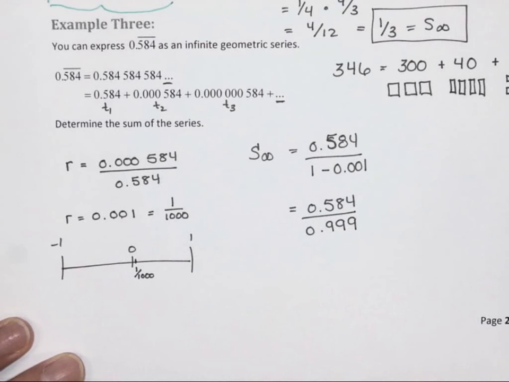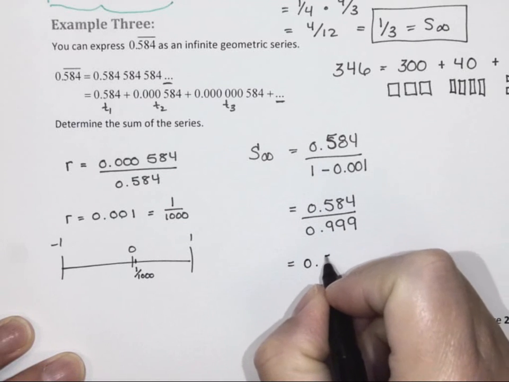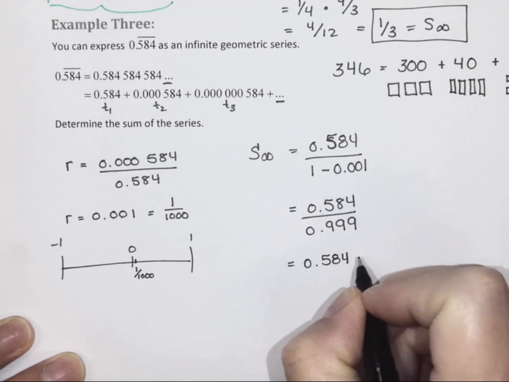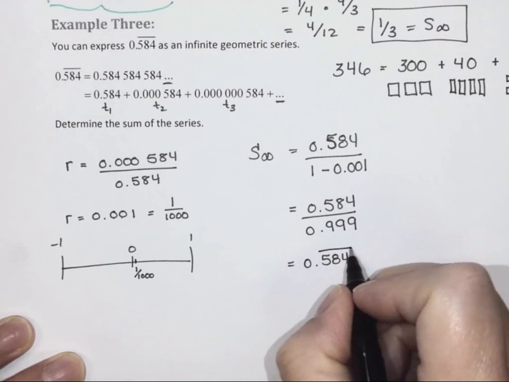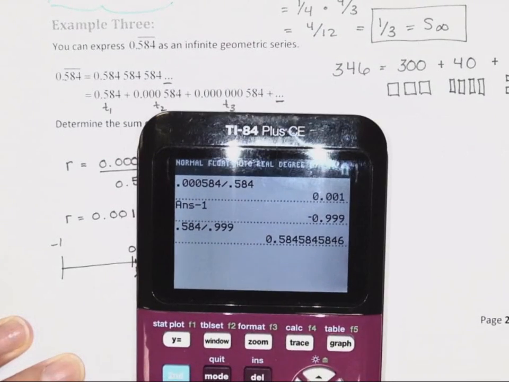I'm going to put that in my calculator: 0.584 divided by 0.999. And I'm going to get 0.584 repeating.